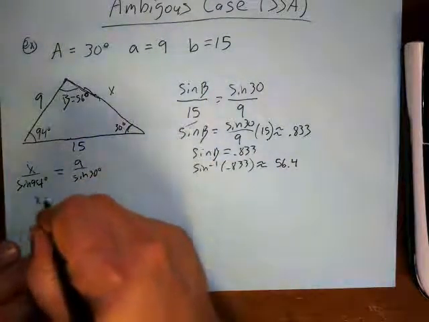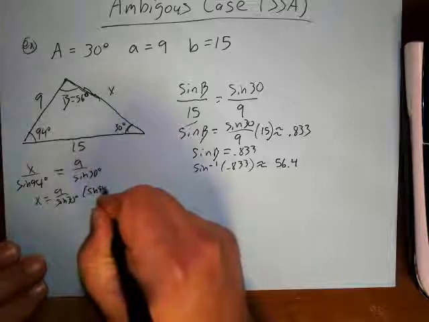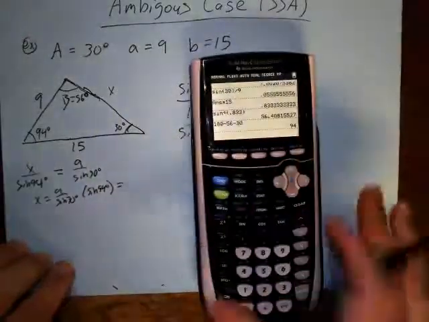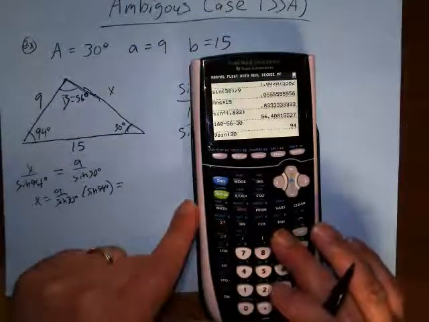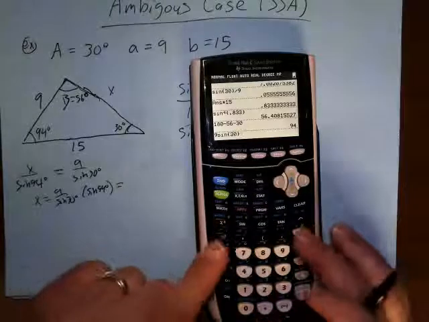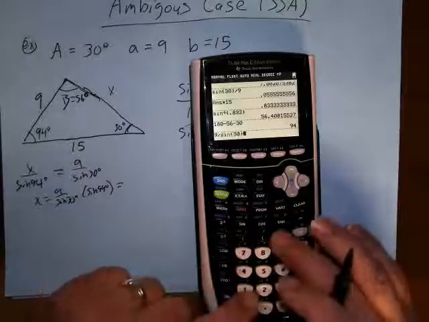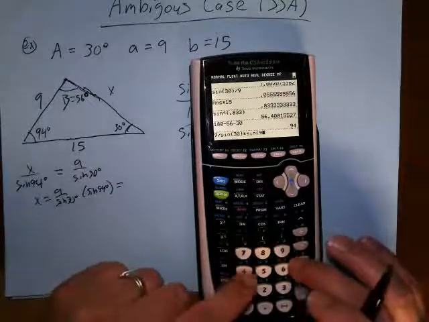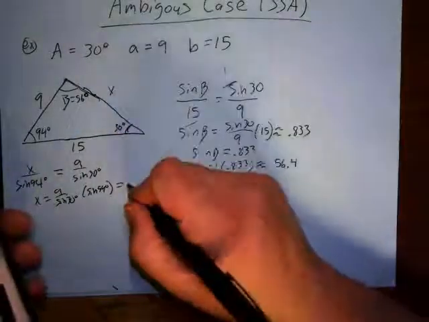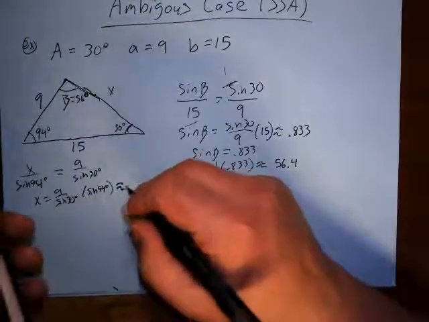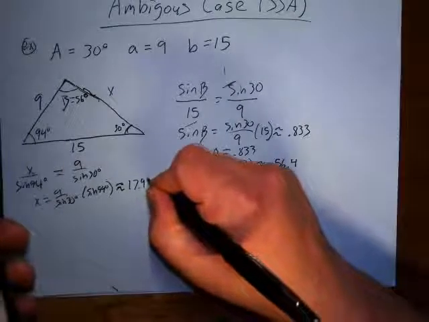So basically x is 9 divided by sine of 30 times sine of 94, and I get that this side is approximately 17.95.